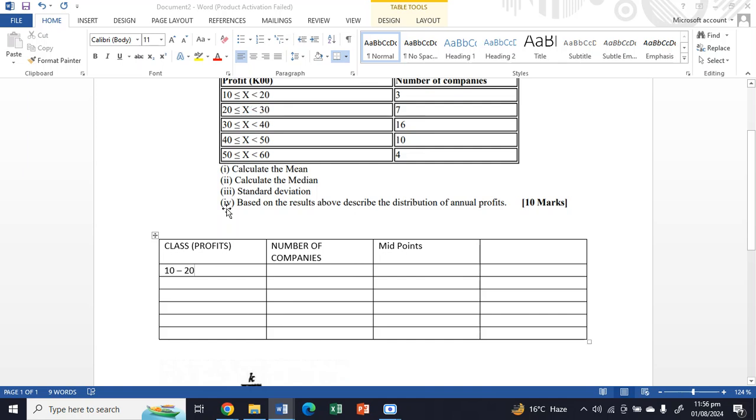So that 29.999, you can still round off to 30. So you do the same for the other classes, 30 to 40, 40 to 50, and then 50 to 60. Are we okay with this, colleagues? Because you don't want to be dealing with such decimal places.